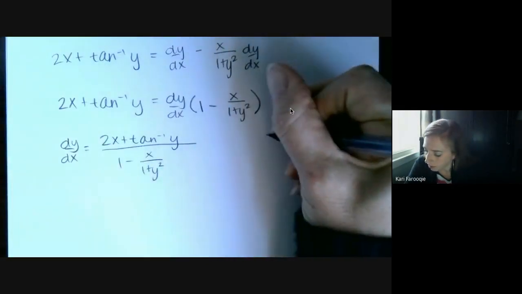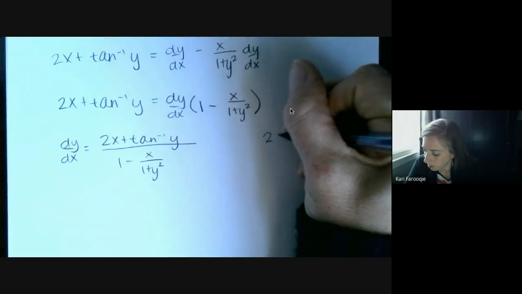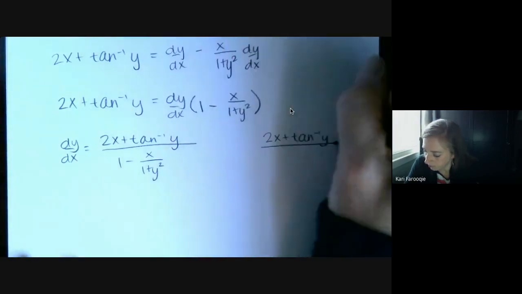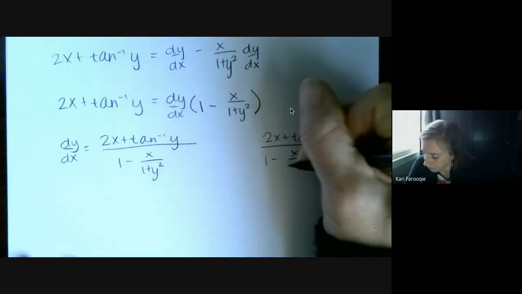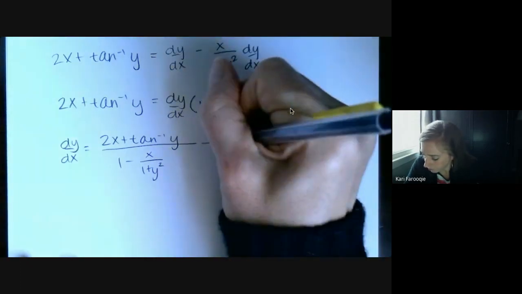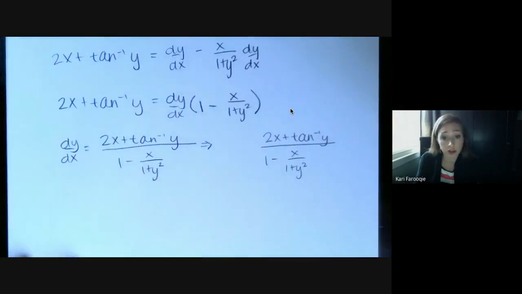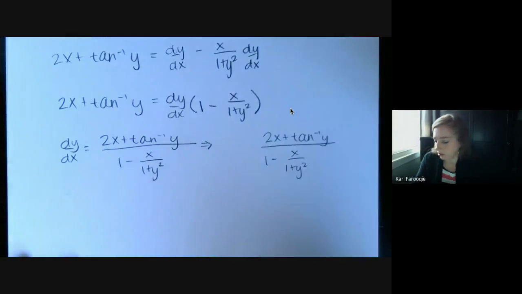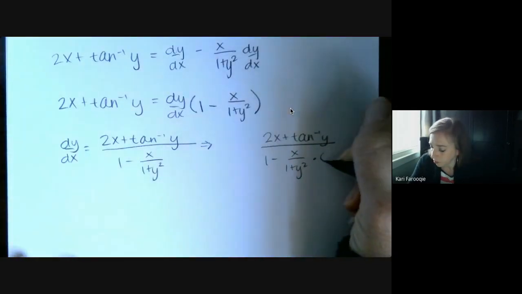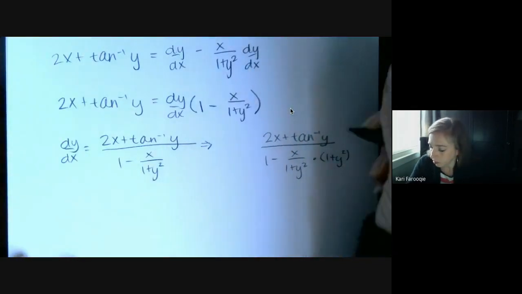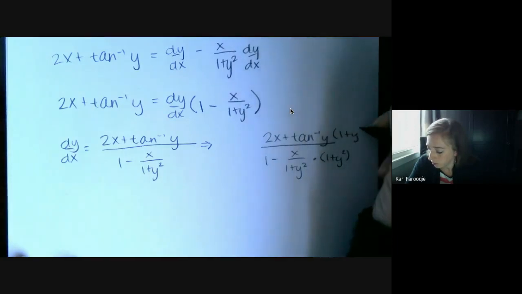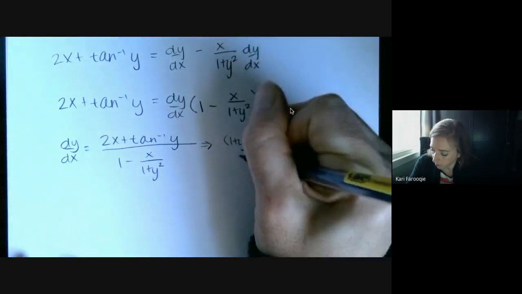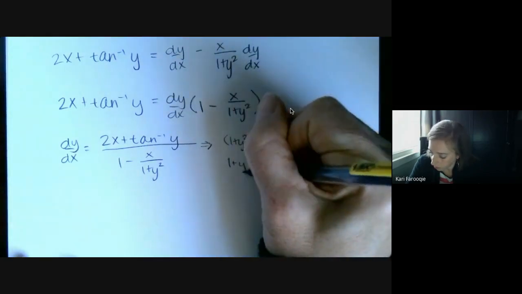So I'm going to rewrite it and leave a little space on both sides. And I'm going to multiply each term by the LCD, which is the only subdenominator that you see. So we're going to multiply each term by 1 plus y squared. And this is just to get rid of the complex fraction.